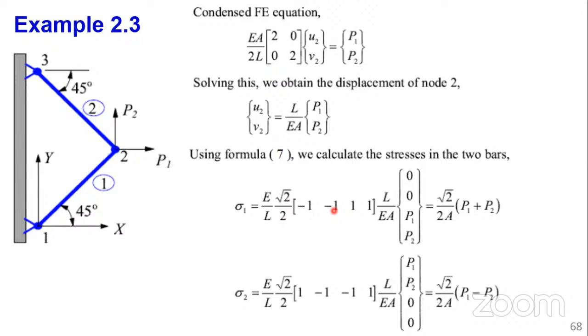And we do this by employing the transformation matrix. And we have seen how to derive that transformation matrix. We have transformed maybe only the deformation U. We said any quantity in the local coordinate system can be transformed into the global coordinate system utilizing the transformation matrix.